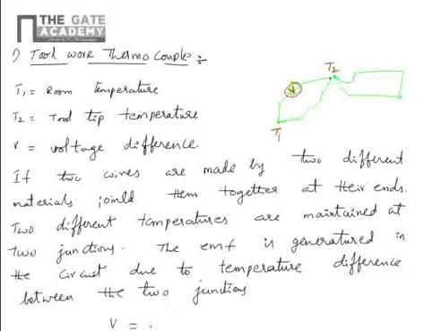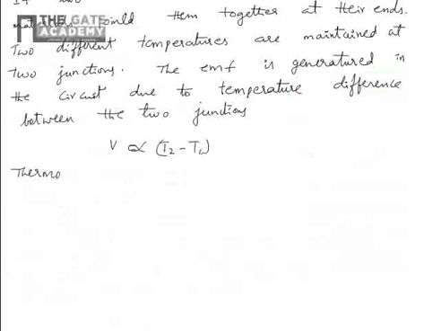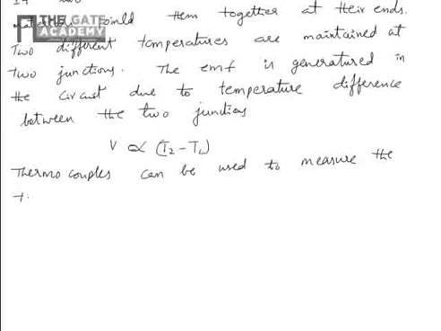So the voltage V, which is the potential difference or EMF, is directly proportional to T2 minus T1. Thermocouples can be used to measure temperatures up to 800 degrees centigrade accurately.